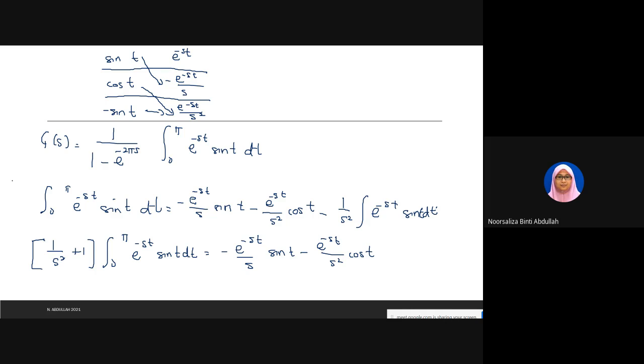Awak bawa yang ni ke sini. Yang lain diam je ni. Okay, lepas tu? Next. Equals to? Everything divide by the things divide by inside this one. Ha. Jadi, dia akan jadi?